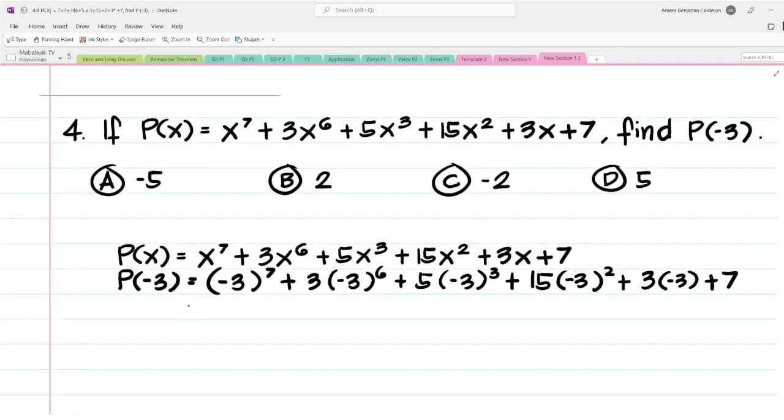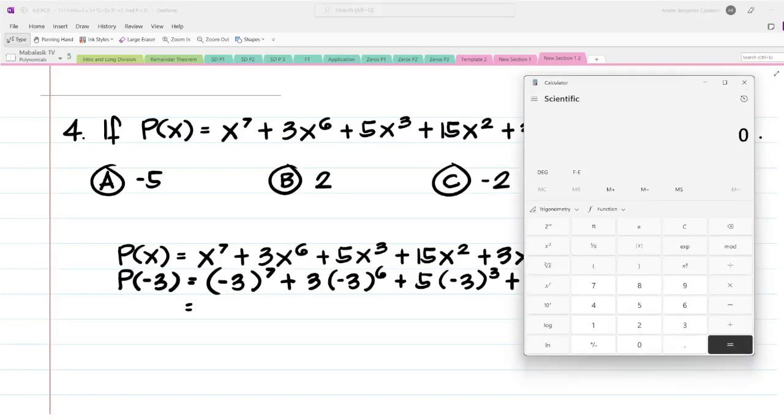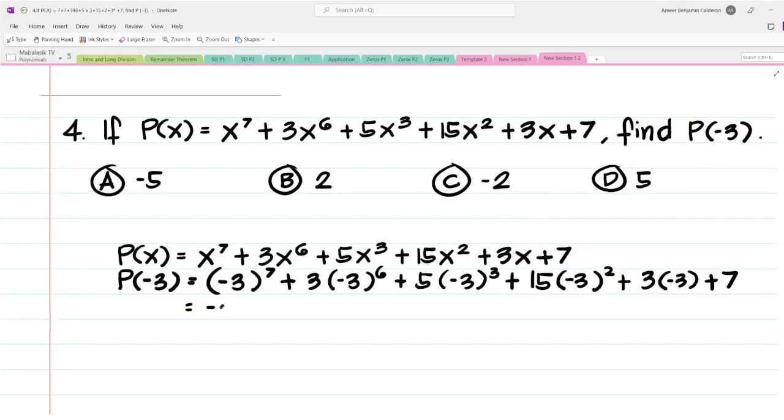Oh, medyo mahaba siya pero sisimplify naman natin yan. So una na yung negative 3 raised to 7. So negative 3 raised to 7 equals negative 2,187.